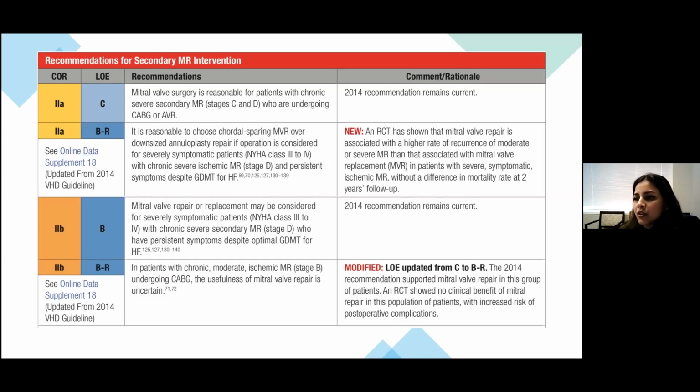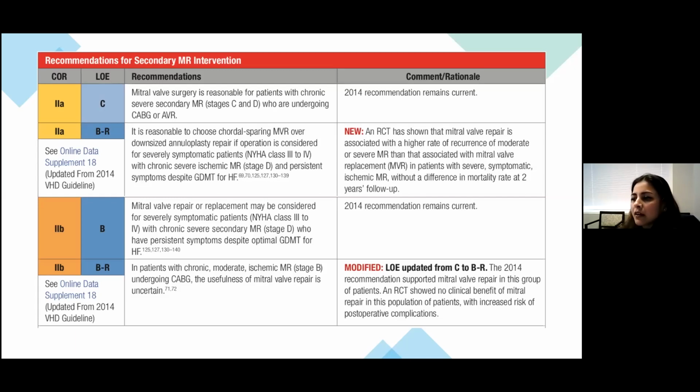This recommendation has been changed from level of evidence C to B-R because of a randomized controlled trial that showed that mitral valve repair is associated with a higher rate of recurrence of moderate to severe MR than mitral valve replacement in patients with severe symptomatic ischemic MR. So this is the change. The level of evidence has gone up.